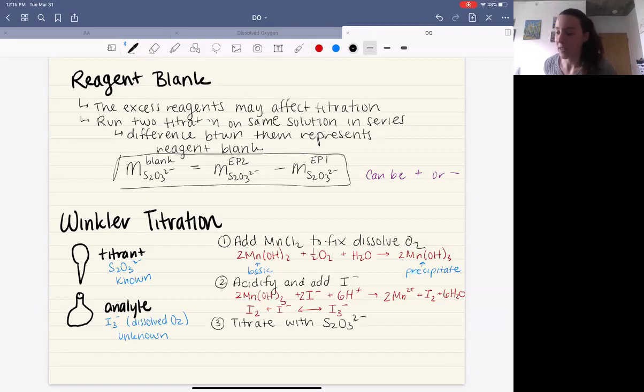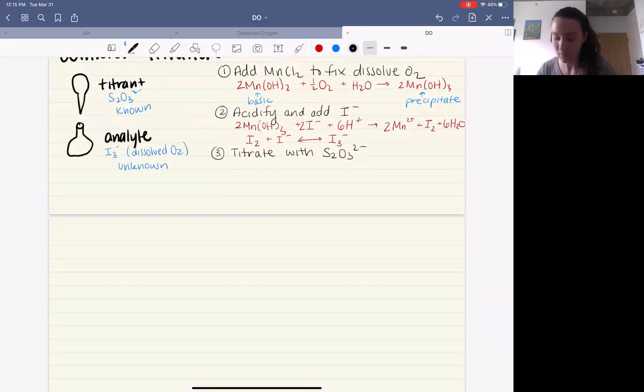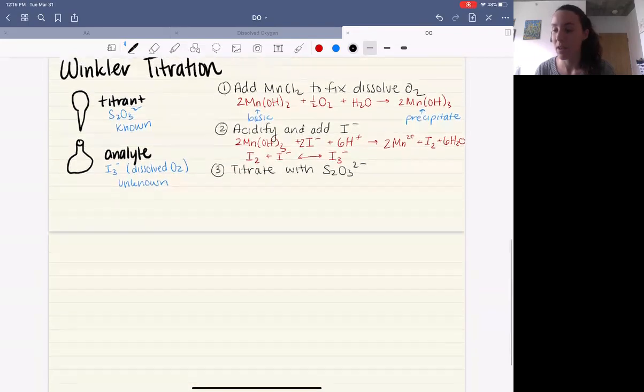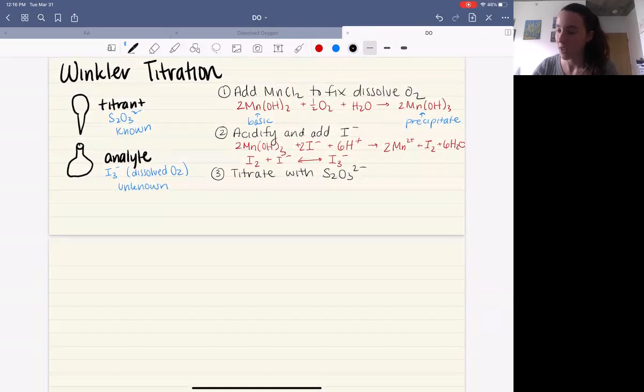So notice how this time the analyte we're forming is dependent on how much oxygen there is in the solution. And if you go through the same stoichiometric analysis that we did in the previous problem of the standardization, you'll get a formula that looks like this, where we can calculate that concentration of oxygen.